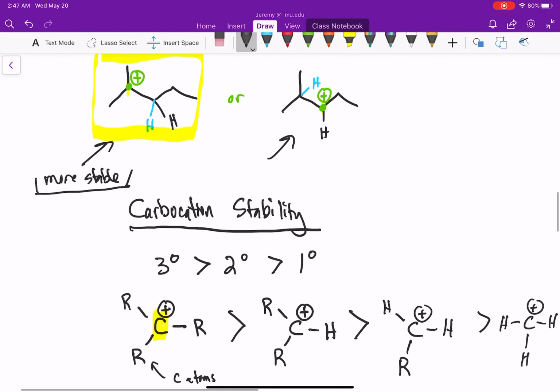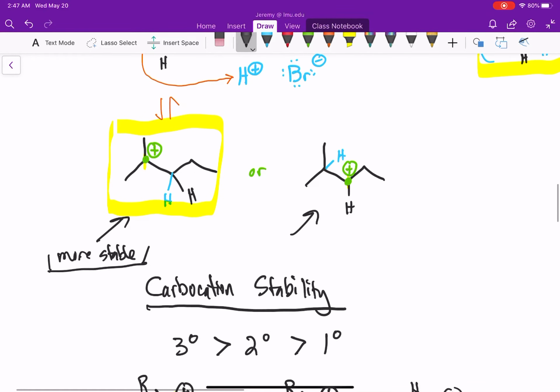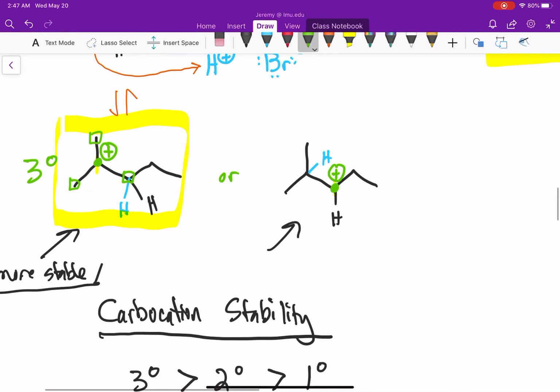So let's go back and look, what type of carbocation do we have? So if we look at this carbon in green, it's attached to 1, 2, 3 carbons. That is a tertiary carbocation. What about the carbocation on the right? This is attached to 1, 2 carbons and 1 H. Therefore, that is a secondary carbocation.